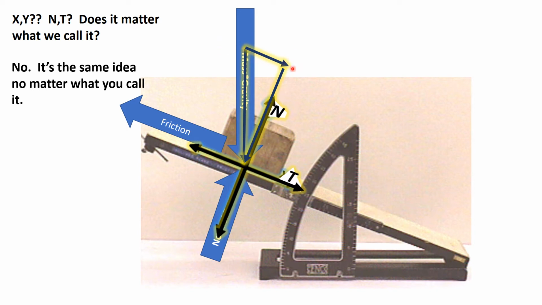So what is perpendicular to this direction and what is lined up with it? We're looking for everything here in the normal direction, and everything in the tangential direction. So call it x and y or call it t and n, it doesn't matter. Tangent and normal are just describing that we're now aligning ourselves with some surface. So it's no different than x and y. If you can do stuff in x and y direction, you can do stuff in normal and tangential.